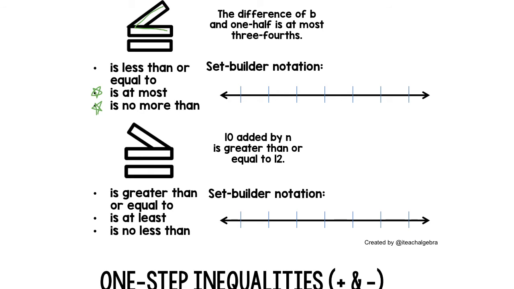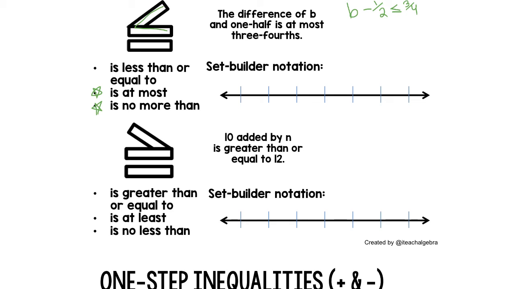Let's write an inequality. The difference of b and 1/2, so b minus 1/2, is at most, less than or equal to, 3/4. Well, we're going to have to solve this a lot like an equation. So we need common denominators first and foremost.